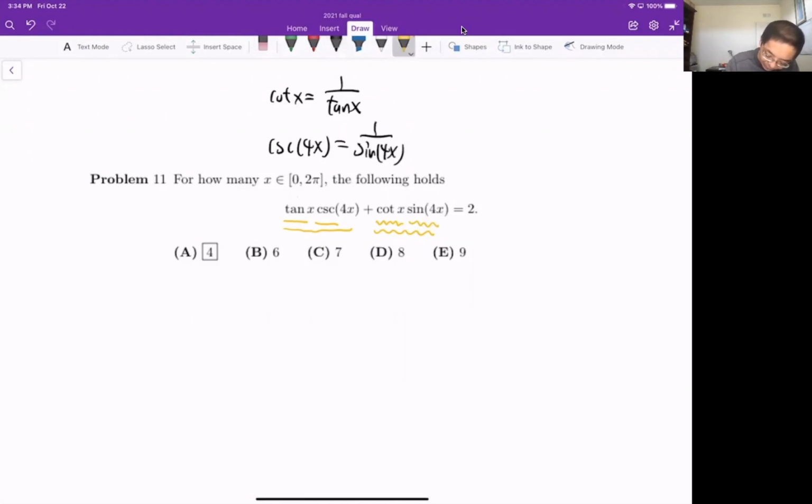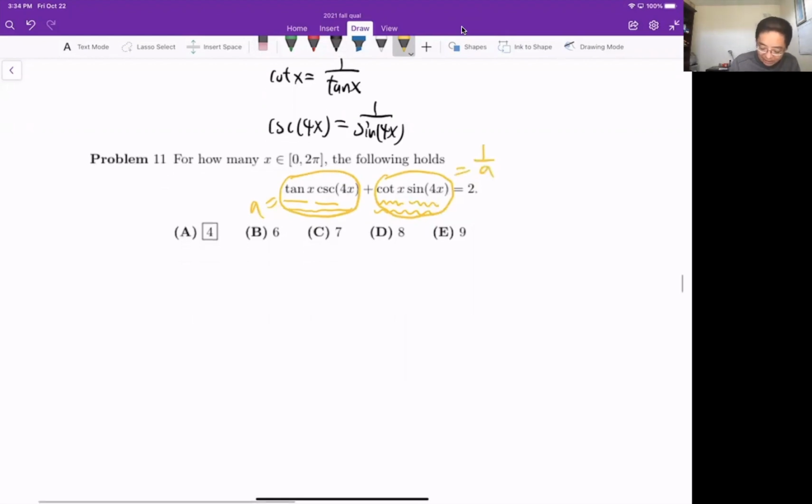Therefore, if we consider the first term as a, the second term will just be 1 over a. So we get a plus 1 over a equals 2. If you multiply by a on both sides, you get a squared minus 2a plus 1 equals 0. Then we complete the square: a minus 1 squared equals 0, and this gives us a has to be 1.